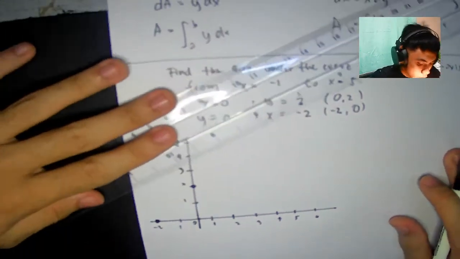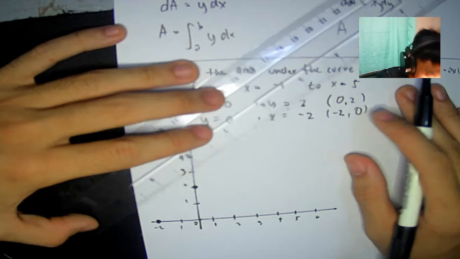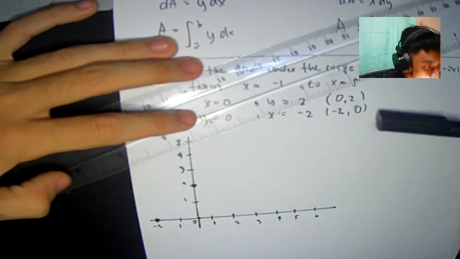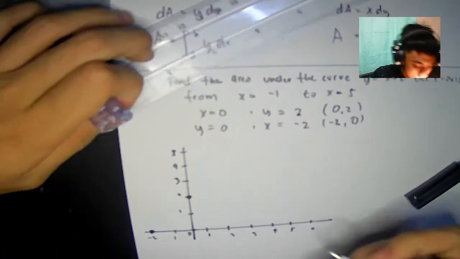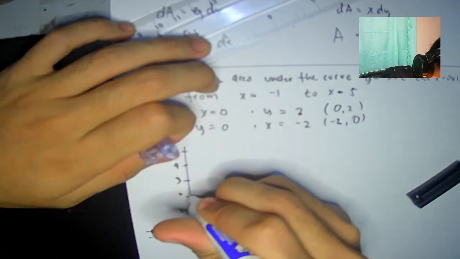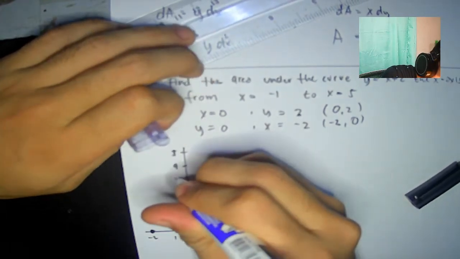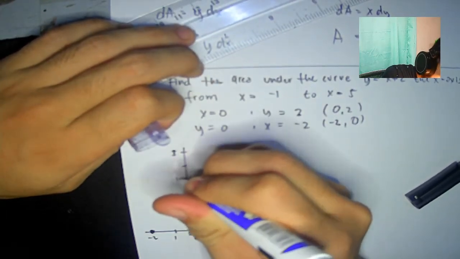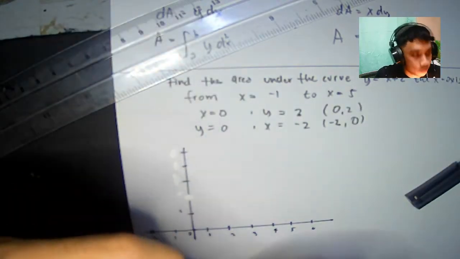Let's continue. Let me just adjust. Wait, I think I got this a little bit wrong. Let's adjust it so we can control the range more easily and efficiently. Sorry for that.